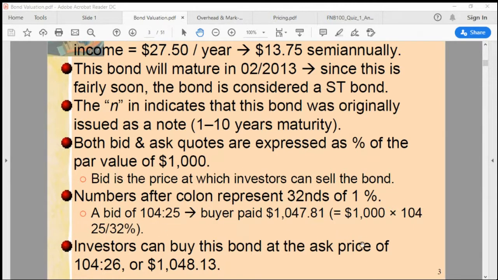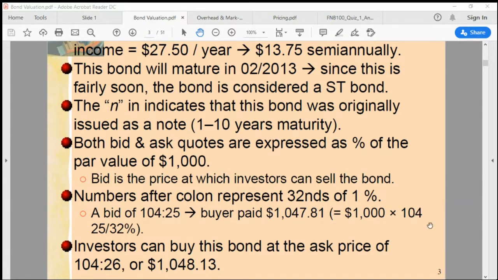Or to make it easier, you can do 104 plus 25/32 and multiply the whole thing by 0.001.